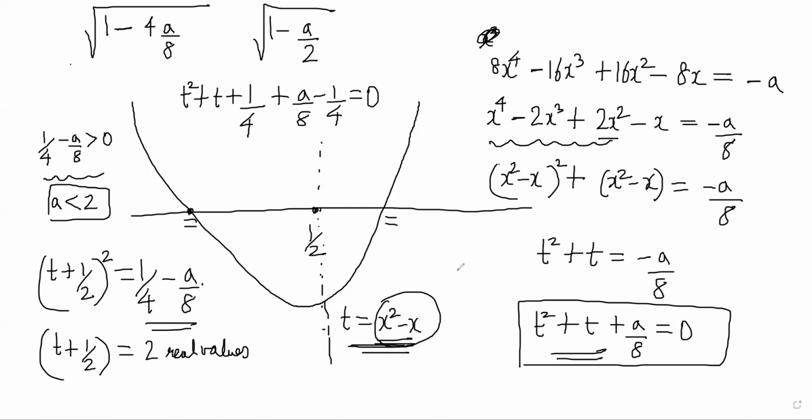2t is equal to minus half. Yeah, at that point t is equal to minus half, you have 1 by 4 plus minus half.